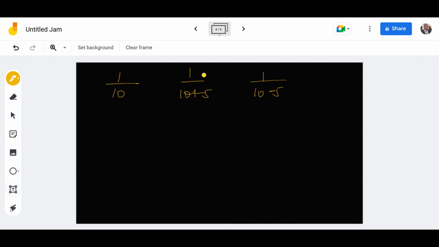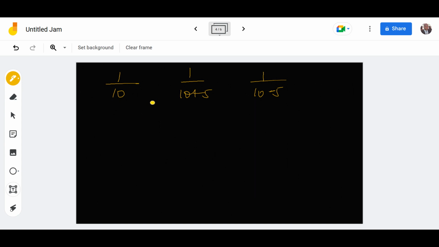When the numerators are the same, we consider the denominator. As long as the denominator is increasing, the fraction becomes smaller and smaller.